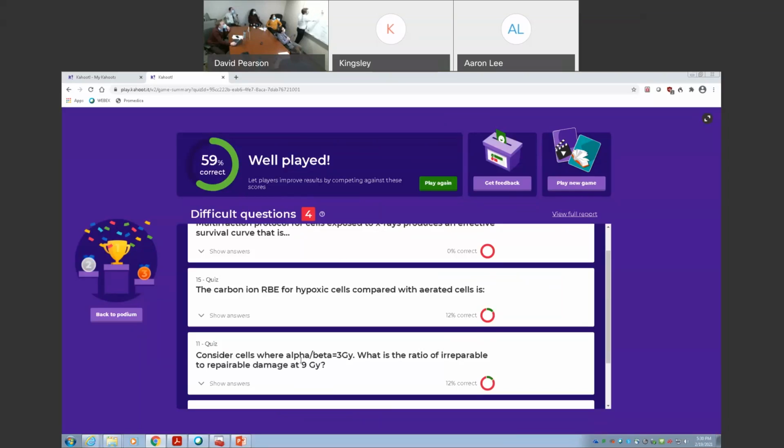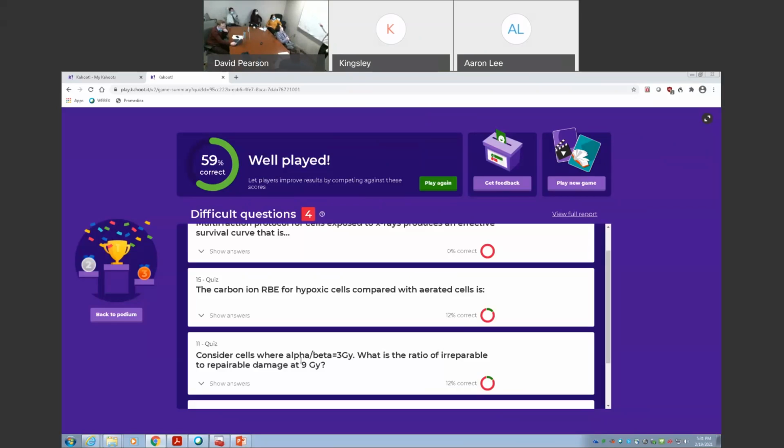So 3 times 9, canceling out betas, and then this is 9 squared. It'd be 9 squared divided by 9, and then the ratio would be the alpha beta ratio. So 3/9 goes to 1/3.